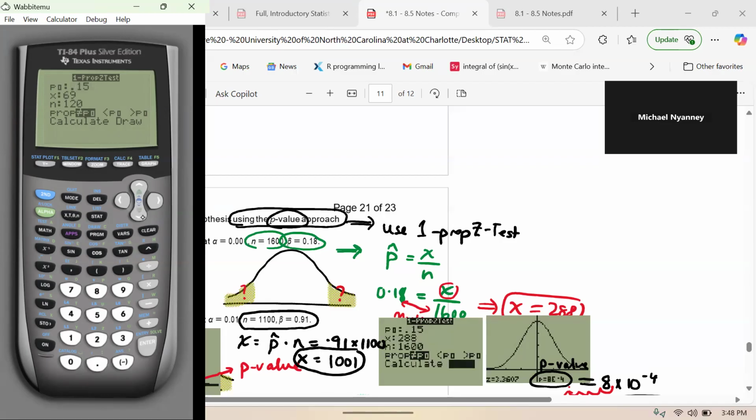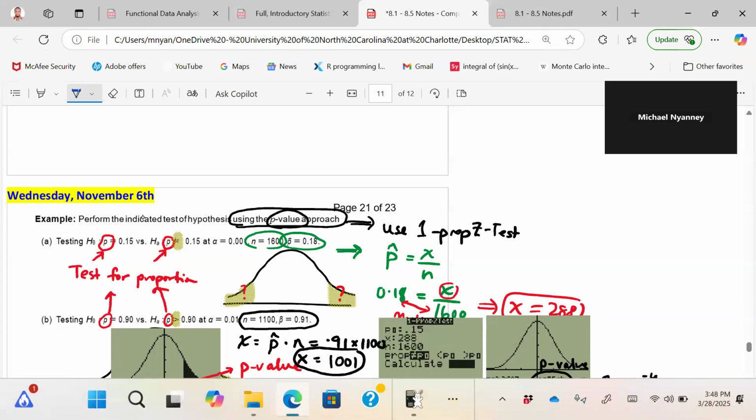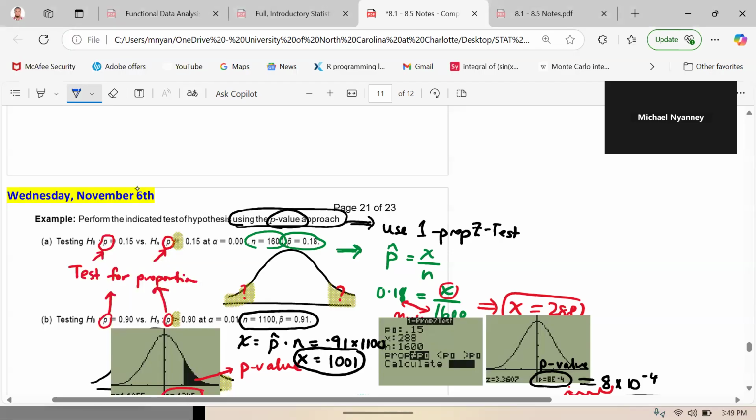Then now we go to the sample. How many x do we need from the sample divided by our n? The n is given to be 1,600 from the question. So we come to 1,600. It's left with our x, which we don't know. How do we get our x? From the formula for p hat, p hat is x over n. But here, p hat has been given as 0.18.